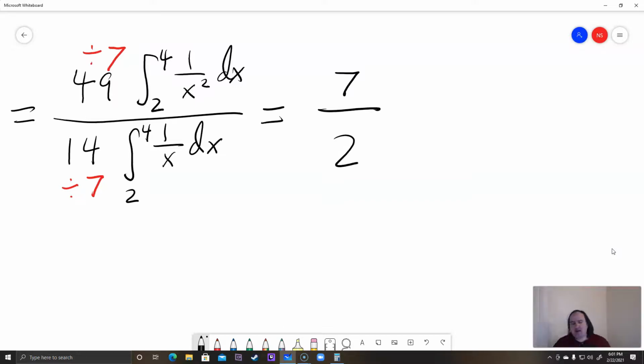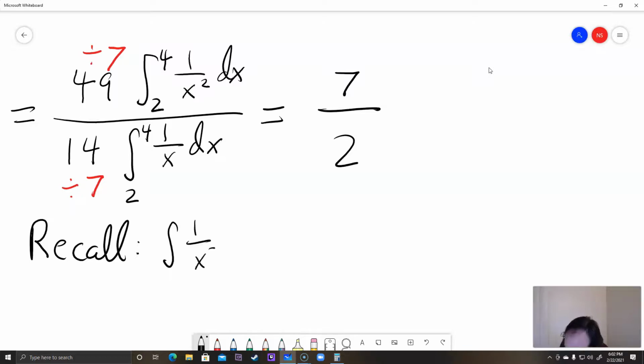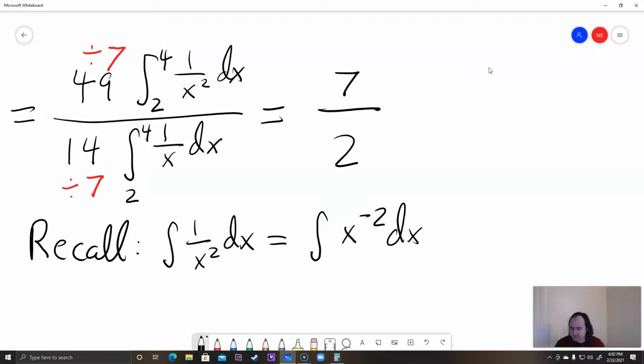So we have 7 halves. And then how do you integrate 1 over x squared? Well, remember that 1 over x squared is actually the same as x to the negative 2 power. So the integral of 1 over x squared dx is the same as the integral of x to the negative 2 dx. There you just use the power rule.